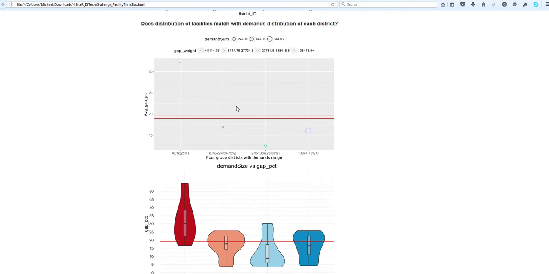One is obviously that in areas with very low demand, the gap is at its largest, which is perhaps not surprising. There's not much demand in the area, presumably drivers don't wait around there very much, so there's not going to be as much supply. But also you divide it into quartiles.